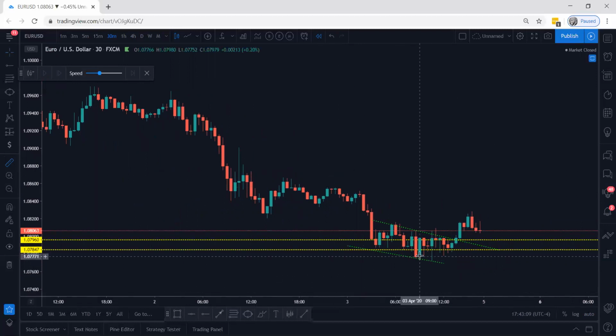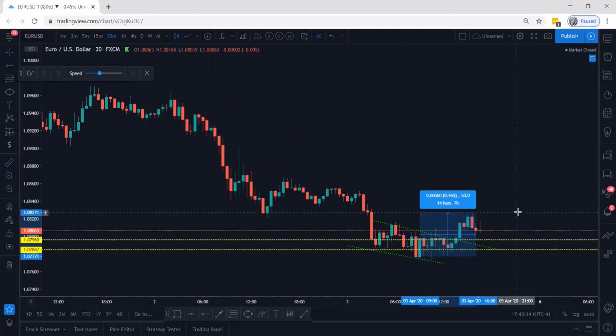So catching it from this bottom area, that would have been a good 50 pips to get.